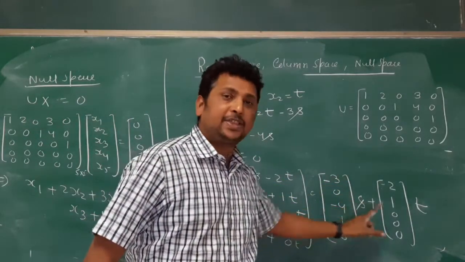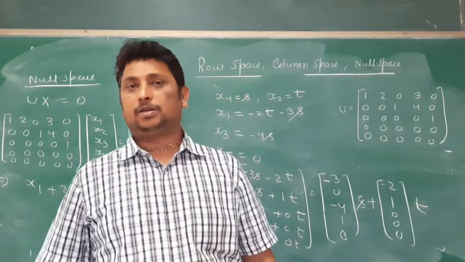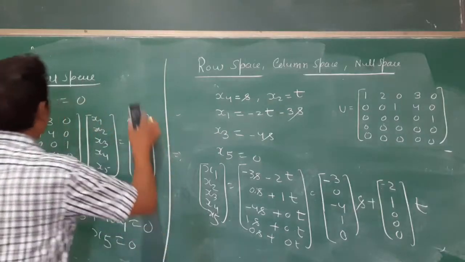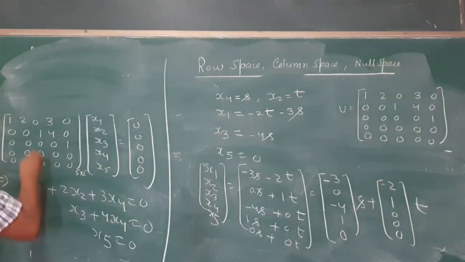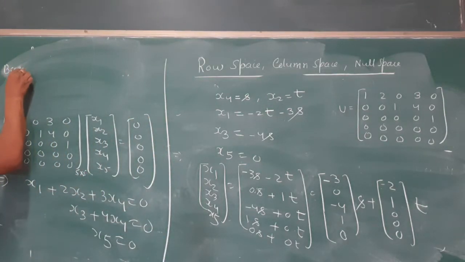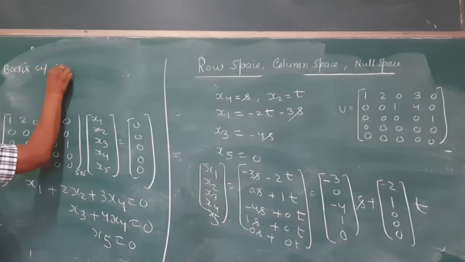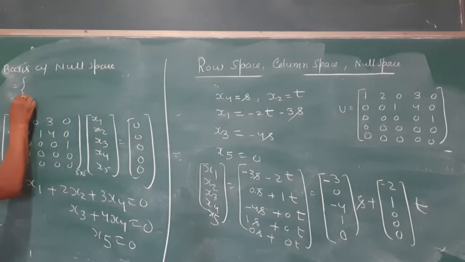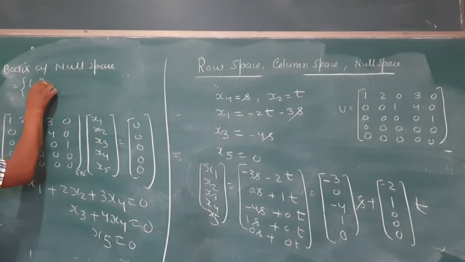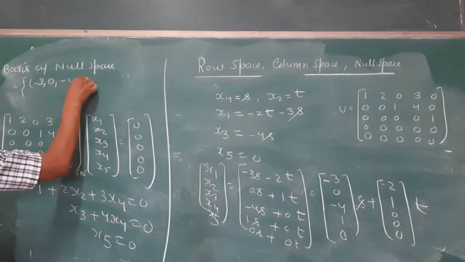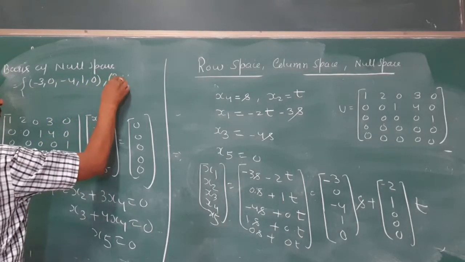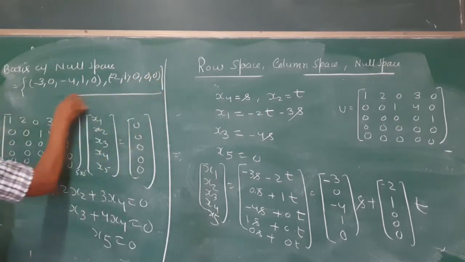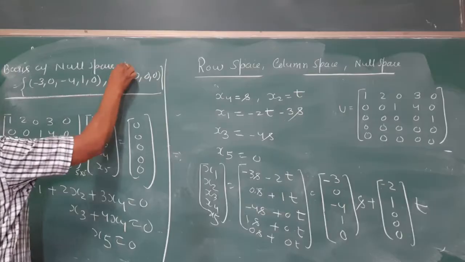The coefficients of s and t form the basis for null space. So what is the basis for null space? Minus 3, 0, minus 4, 1, 0 and minus 2, 1, 0, 0, 0. These two elements form the basis for null space.